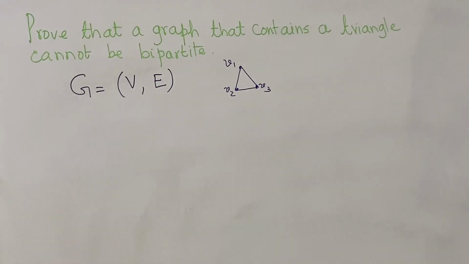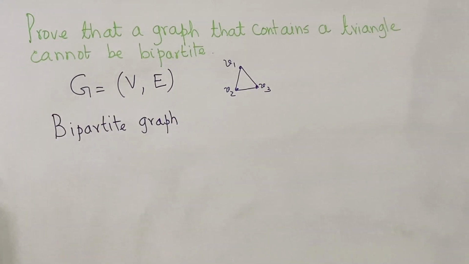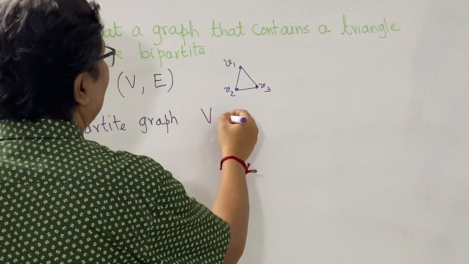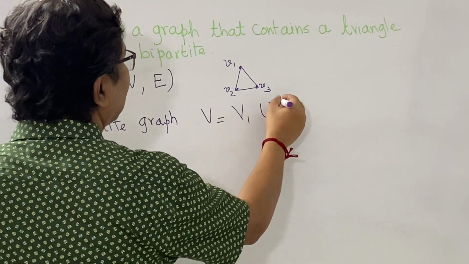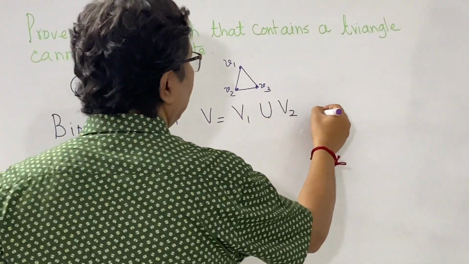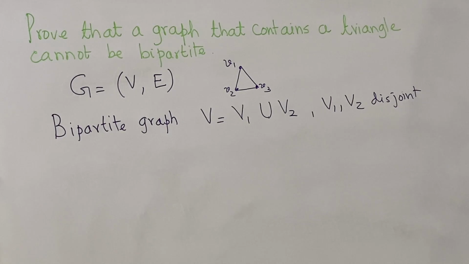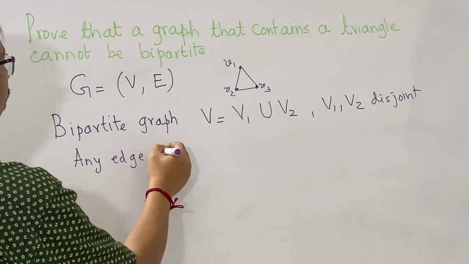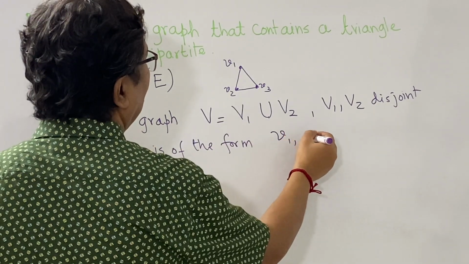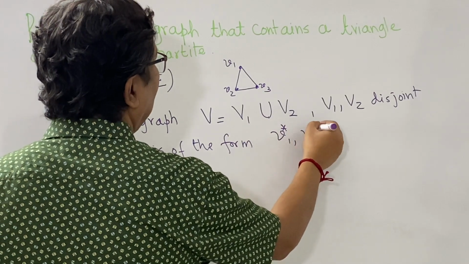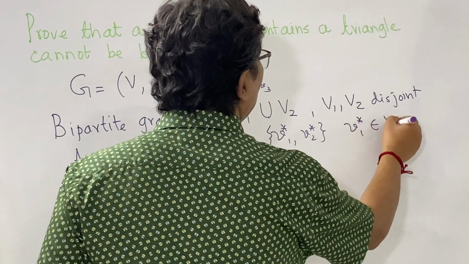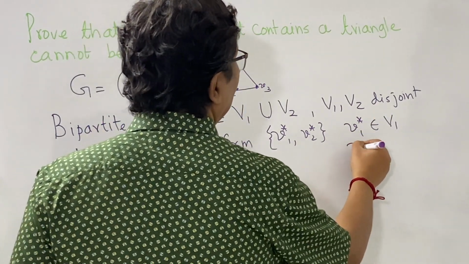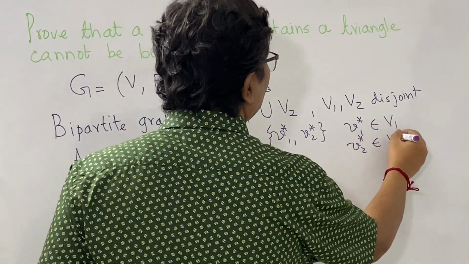Now, we introduce the notion of a bipartite graph. A bipartite graph is one whose vertex set can be decomposed into two disjoint sets V1 and V2, and we have the property that any edge is of the form {V1*, V2*}, where V1* belongs to V1 and V2* belongs to the set V2.